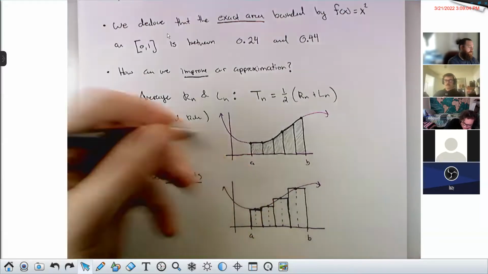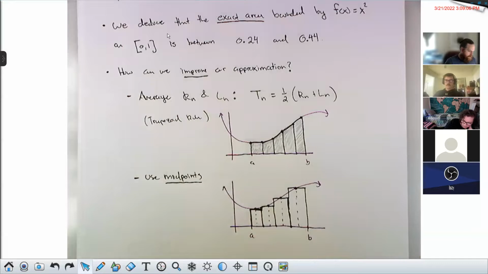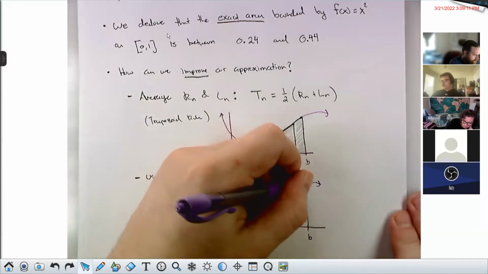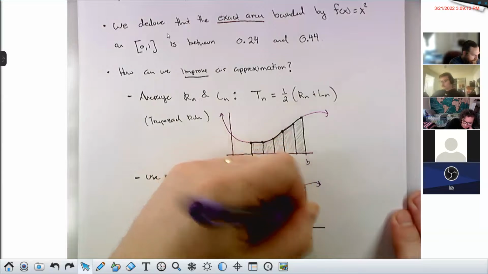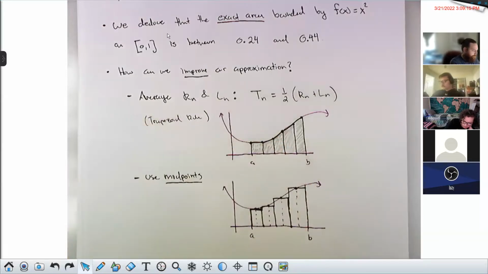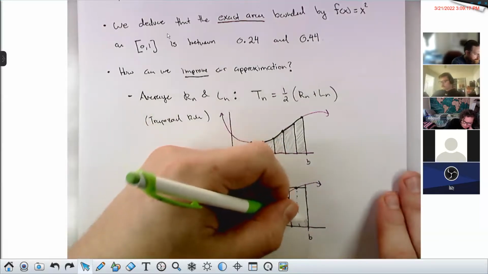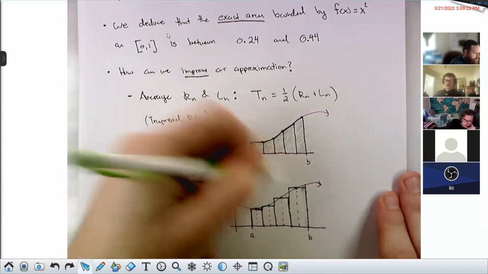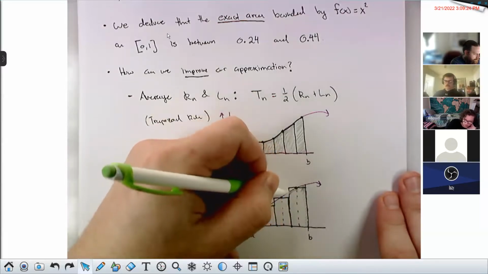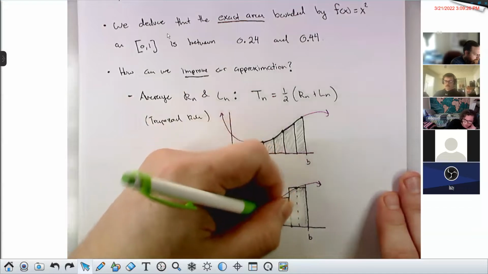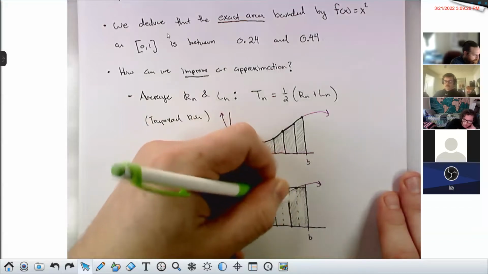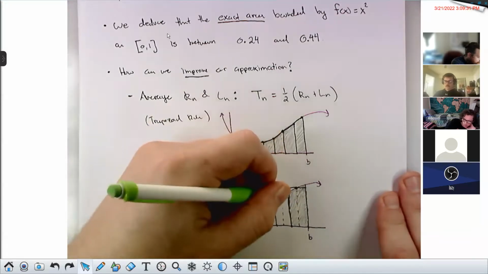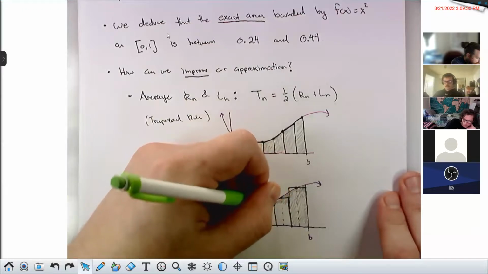But for more general functions, it doesn't necessarily produce an improvement. Let me shade here again the area we're trying to approximate so we can see what's going on. So you see here, the midpoint rule misses a little bit and then goes over a little bit. Here it misses a little bit and goes over a little bit on that side again.